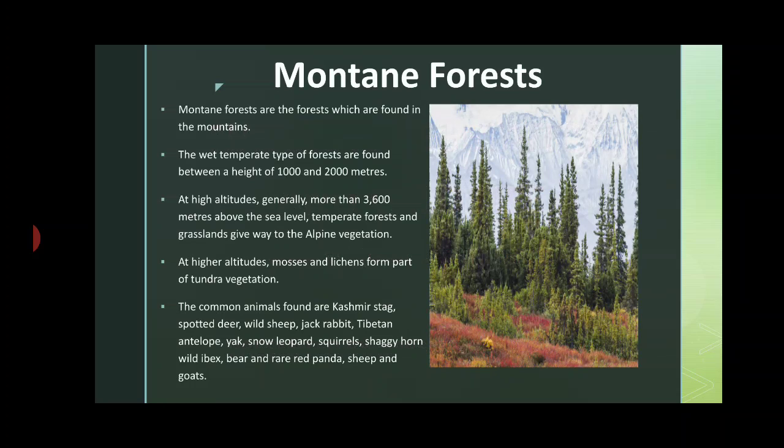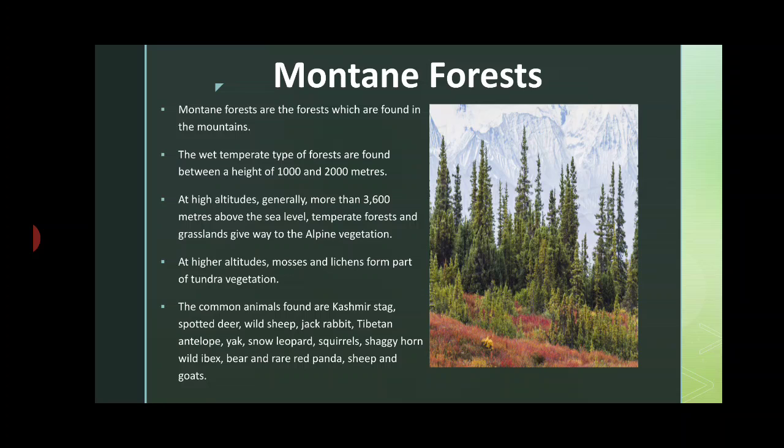Between 1500 and 3000 meters, temperate forest containing coniferous trees like pine, deodar, silver fir, and cedar are found. These forests cover mostly the southern slope of the Himalayas and places having high altitudes in southern and northeast India. At high elevation, temperate grasslands are common.